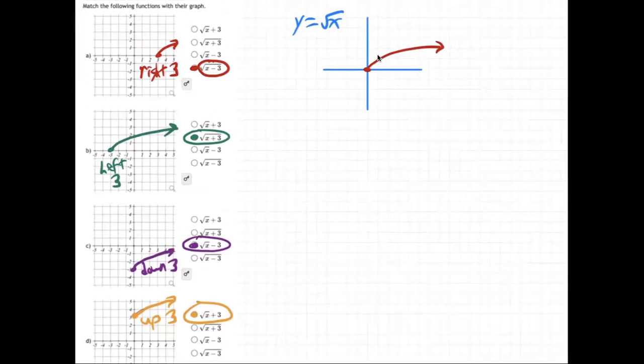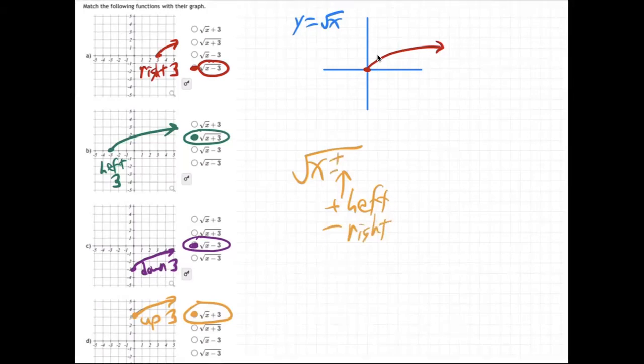So just remember, when you have a square root of x, the numbers inside, plus is for right. No, that's not correct, is it? Plus actually goes, they're reverse. Plus goes left, negative goes right. And then if you have a plus or minus a number out here, that plus goes up and negative goes down.